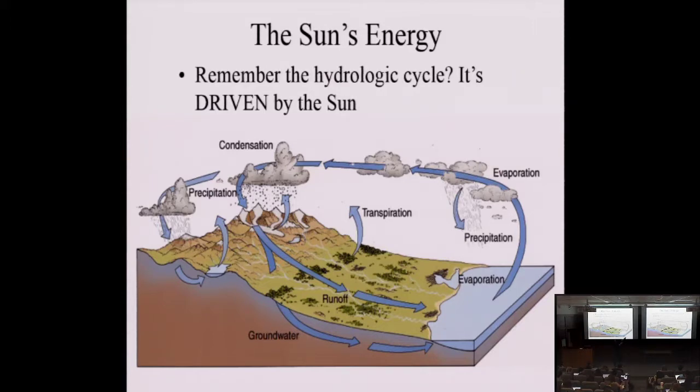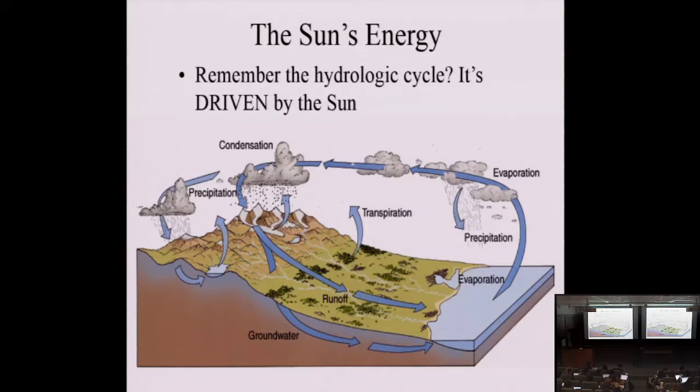So the sun shines down on the surface of Earth, and it will impart vast quantities of energy to get this water to change from a liquid or a solid to a vapor, or a liquid then a vapor. And it will come up into the atmosphere where it will rain or snow back down onto the surface of Earth, maybe temporarily locked in lakes, but most of it will come into groundwater. Some of it will stay in rivers, dumps back into the ocean where it starts over and over again.